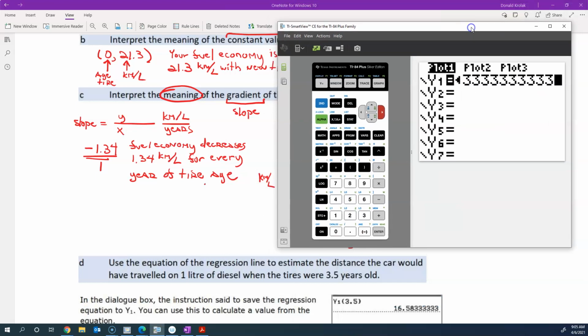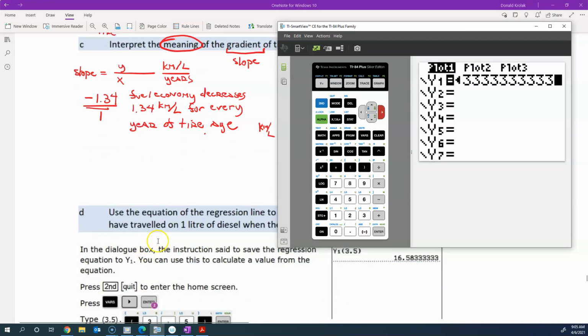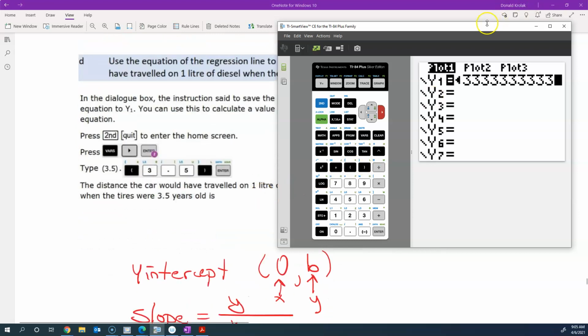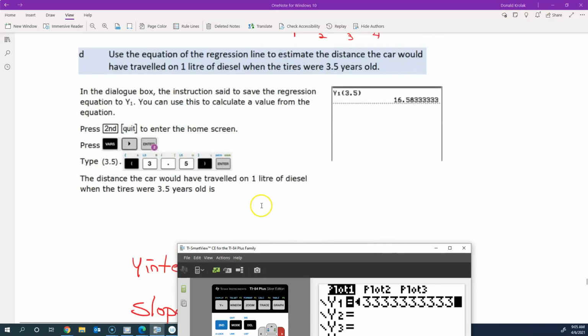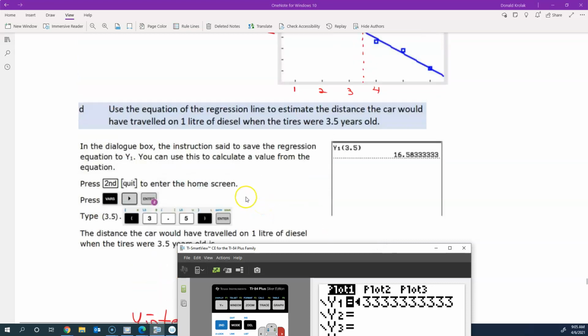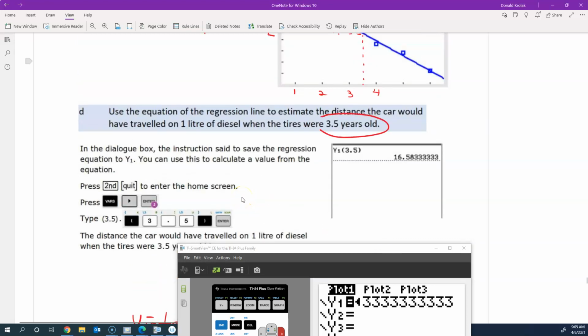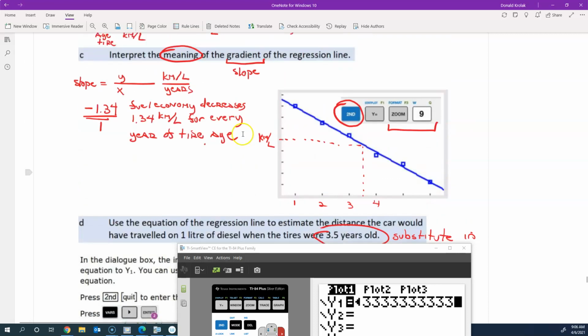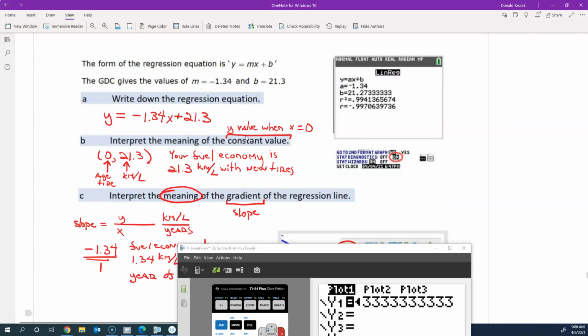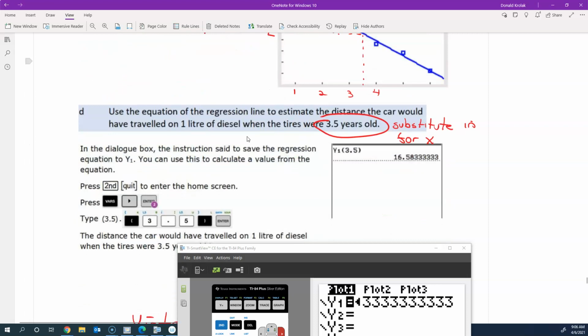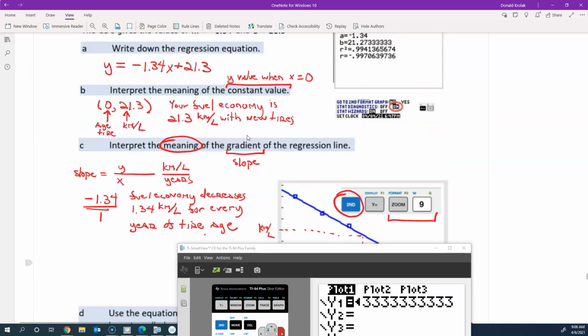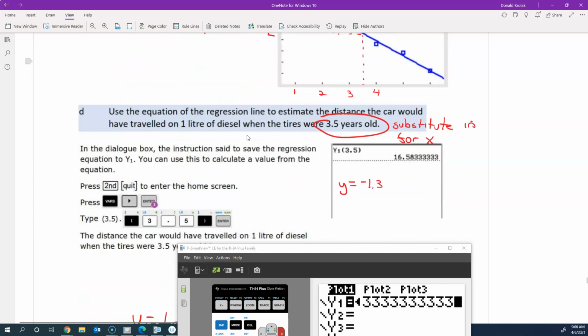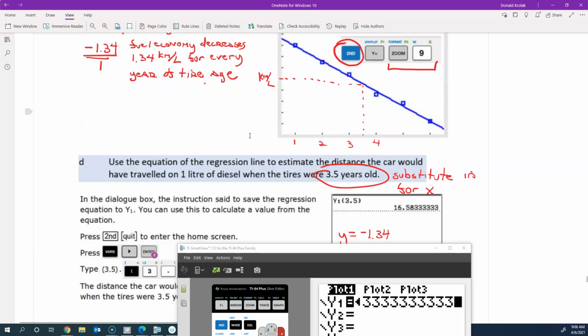Now what we want to do is plug 3.5 in for x. We can have the calculator do it. To figure out this question, we're going to substitute 3.5 in for x. But I'll show you how to do it on the calculator so that you're not using rounded numbers.